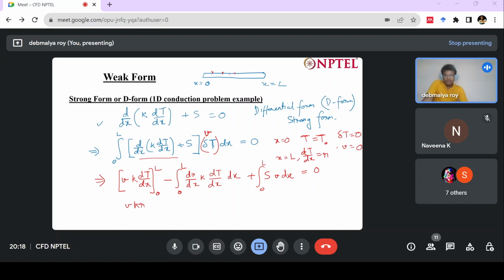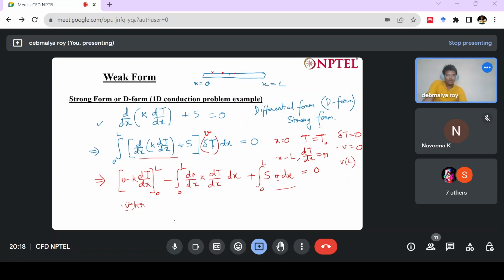So basically, we will club this to this particular integral where v is there. And notice that this v is not the v function as it is inside this integral. This is basically v at L. So that might remain.